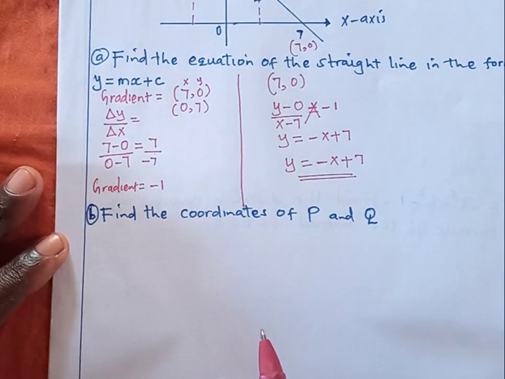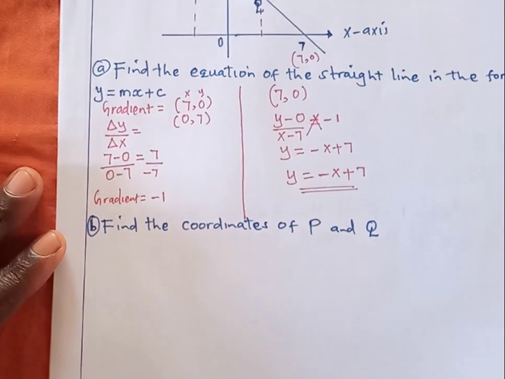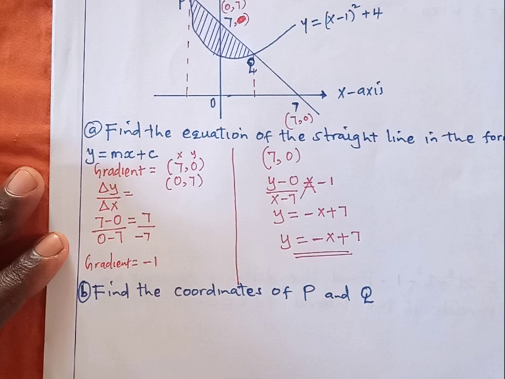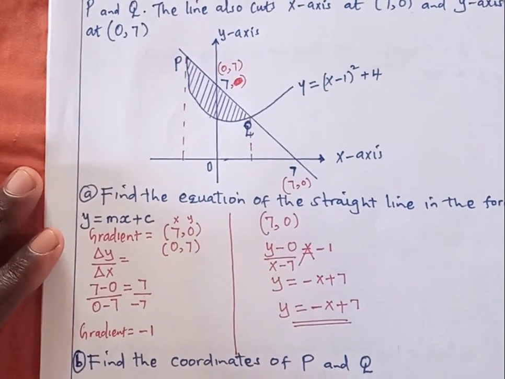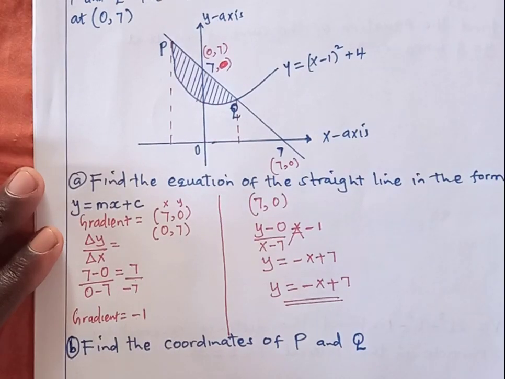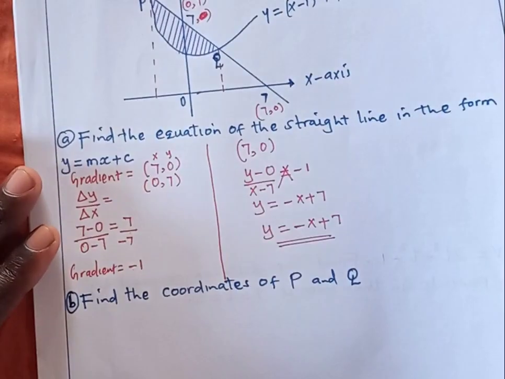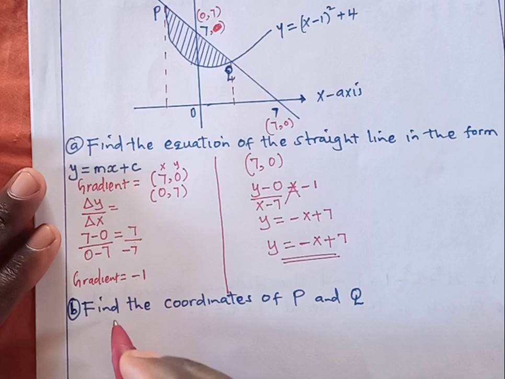Now that we have the equation of a straight line plus the equation of a curve, we have two equations. Let us proceed and simplify the equation of the curve.